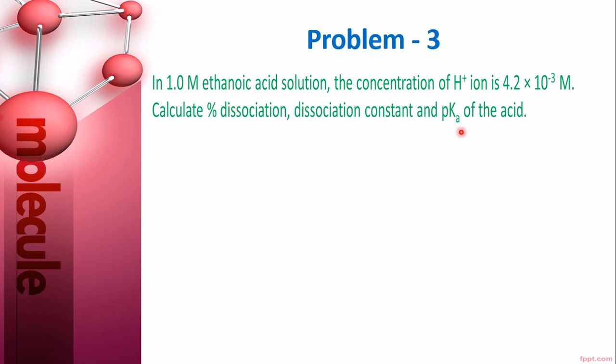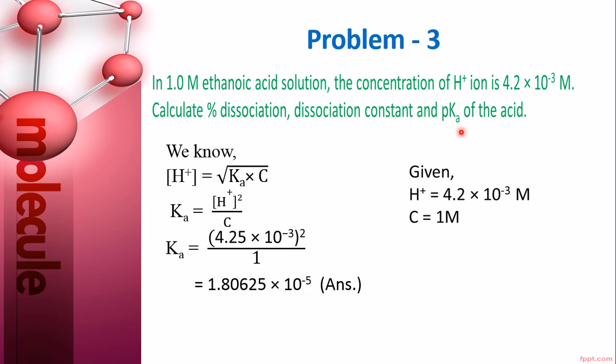At first we will calculate the value of Ka. Here Ka equals the concentration of hydrogen ion squared divided by C, because we know hydrogen ion concentration equals root over Ka into C. So Ka equals this. From there we get Ka equals 1.80625 into 10 to the power minus 5.